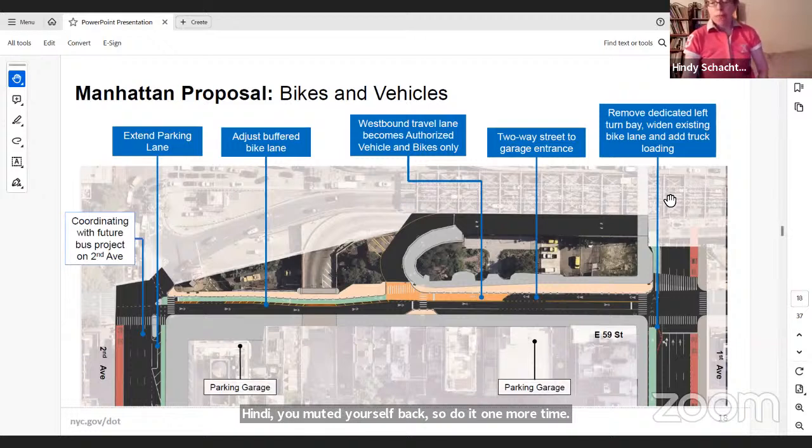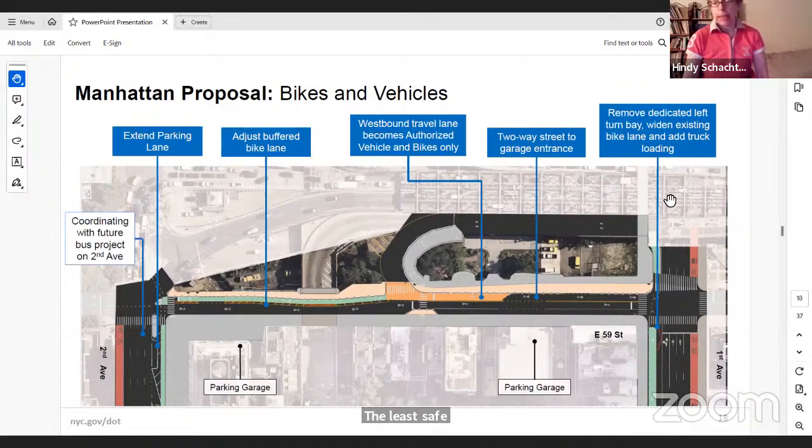So first of all, I want to thank the Department of Transportation for giving its attention to this project. I want to thank it for a project that will absolutely make for safer streets. Right now, the bridge is probably the least safe part of cycling on the Upper East Side.